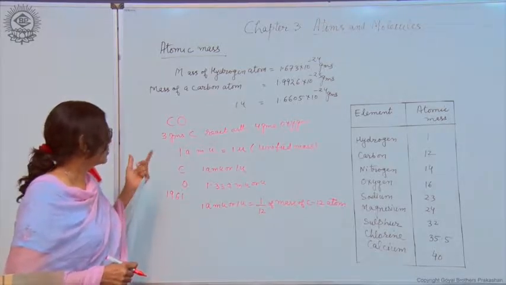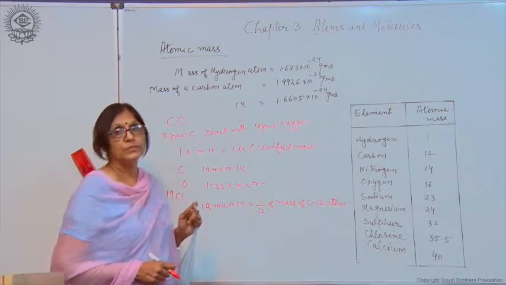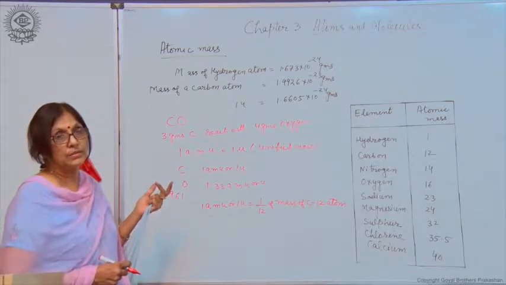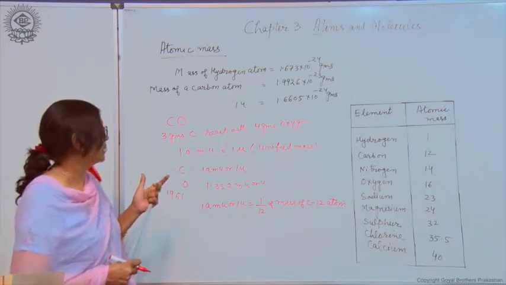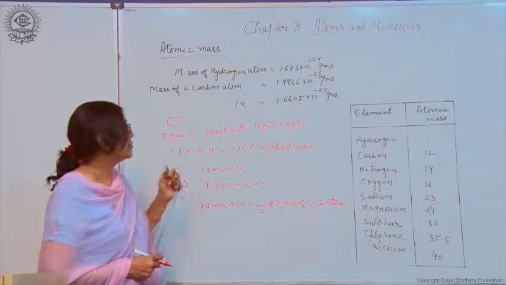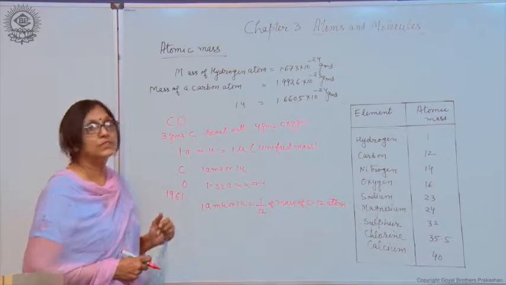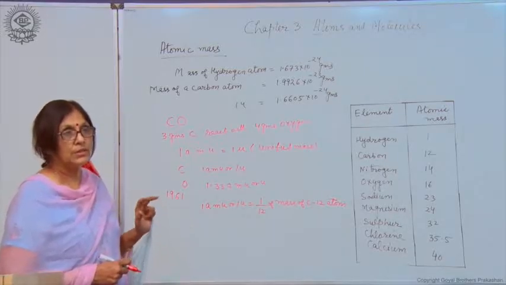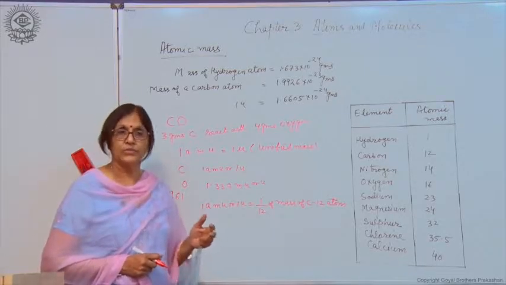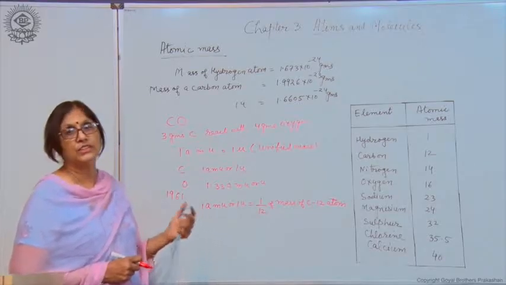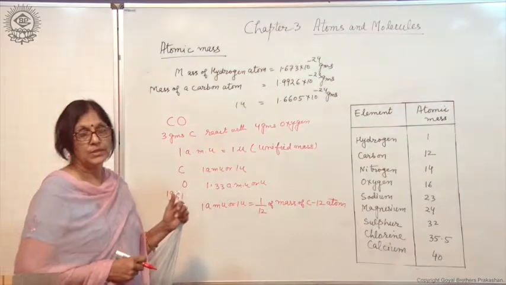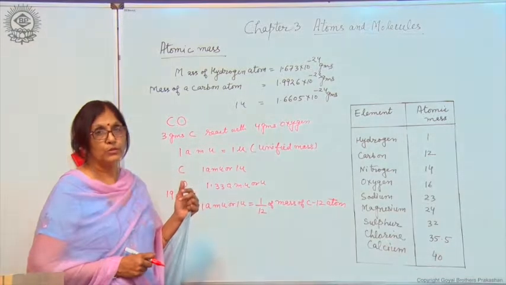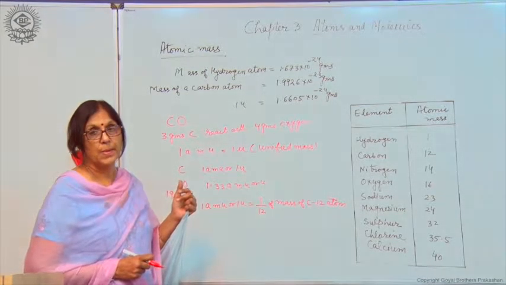So, on the basis of this, from the atomic mass you can also calculate the actual mass of an atom of an element by multiplying with this value. But in practice we use atomic masses for the various calculations, but if you are curious to know the actual mass in grams, then you can always do the calculations.